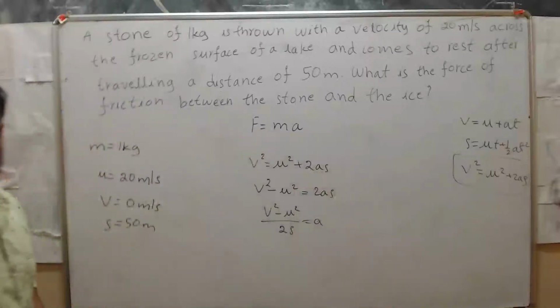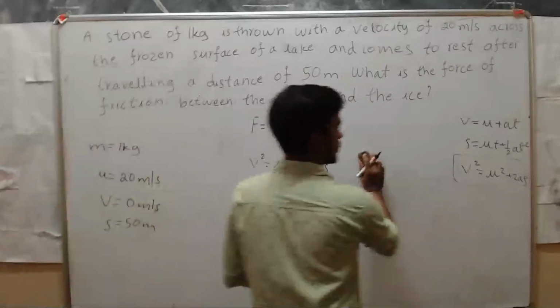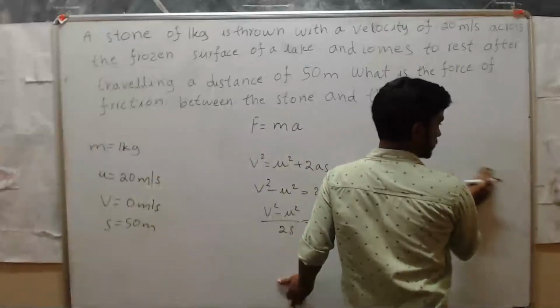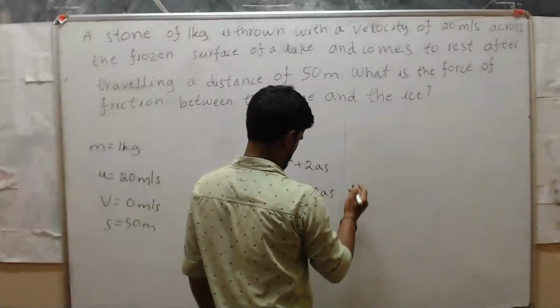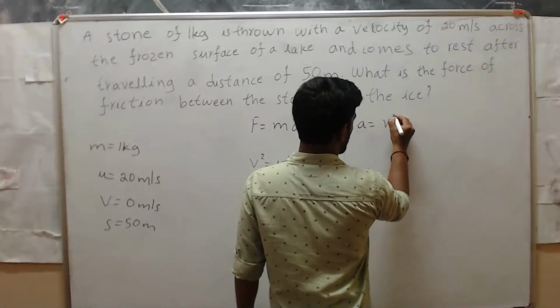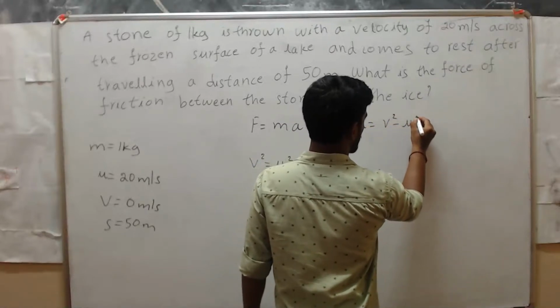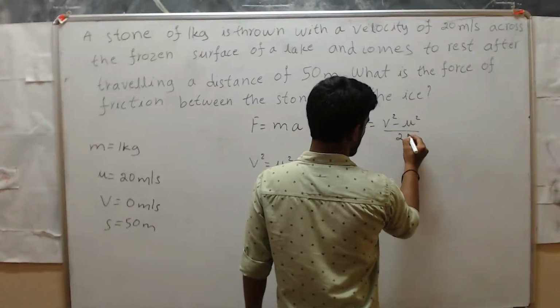Clear? So we can write this formula right here: a is equal to v square minus u square divided by 2s.